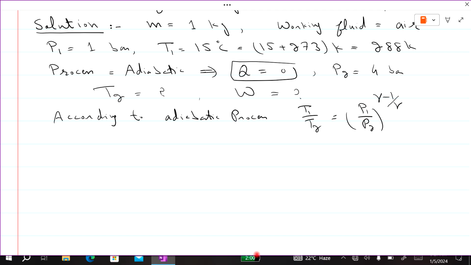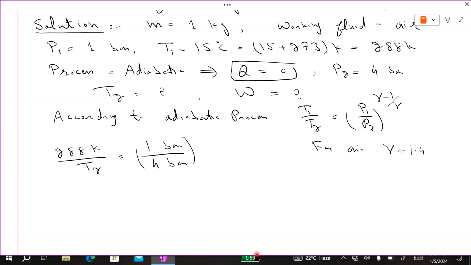So the value of T1 is 288 Kelvin, T2 is unknown, and the value of P1 is 1 bar and P2 is 4 bar, and for air gamma is equal to 1.4. So 1.4 minus 1 divided by 1.4.